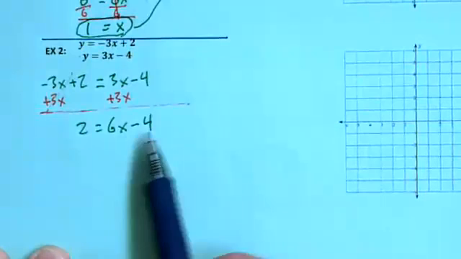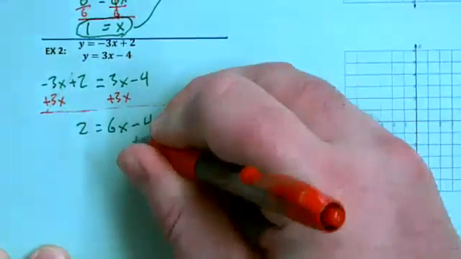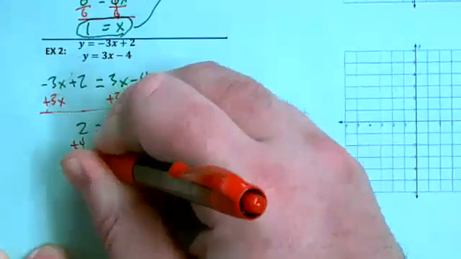All right, and then we're gonna work on solving this. We got a minus 4 here, so I think I'll go plus 4 to get rid of that, both sides.